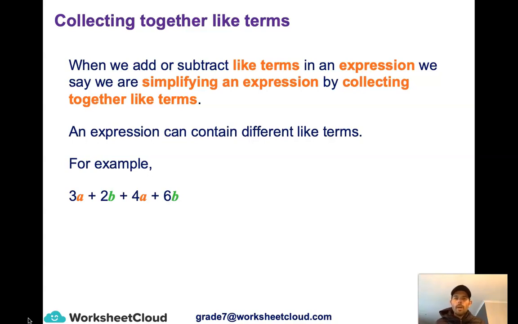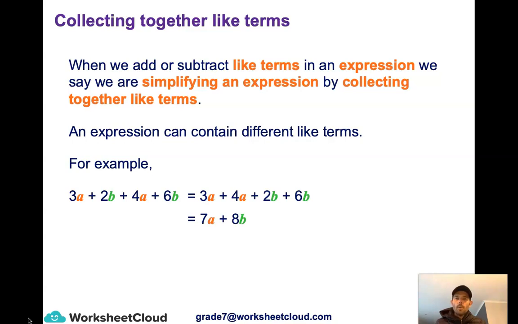Now you can see straight away that there are two different letters there. a is in red, b is in green. So we can only simplify this expression by adding together the like terms. So the like terms are 3a plus 4a, and then the other like terms are 2b plus 6b, as I've rearranged and identified on the screen.